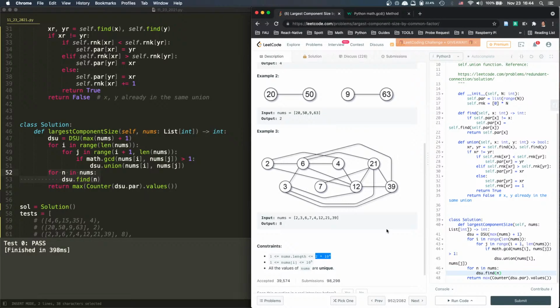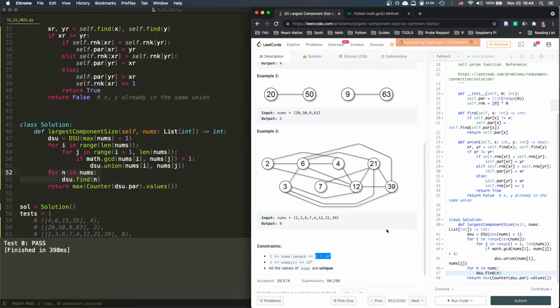Factors. How about factors? We have 2. So let's say we're going to divide everybody by 2. All right? So we divide everybody by 2. Okay, so 2 is gone.